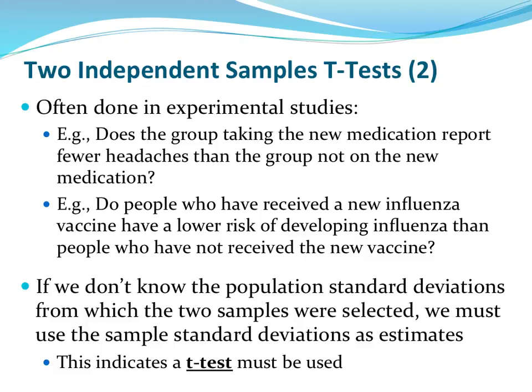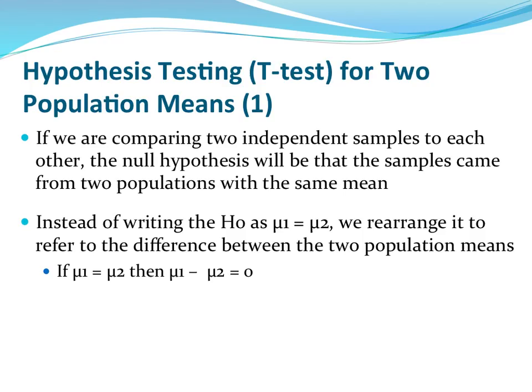Just as before with a one-sample t-test, if we don't know the population standard deviations from which the two samples were selected, we must use the sample standard deviations as estimates, indicating the t-distribution should be used, and we should conduct a t-test. Let's look at the process of conducting a two independent samples t-test.